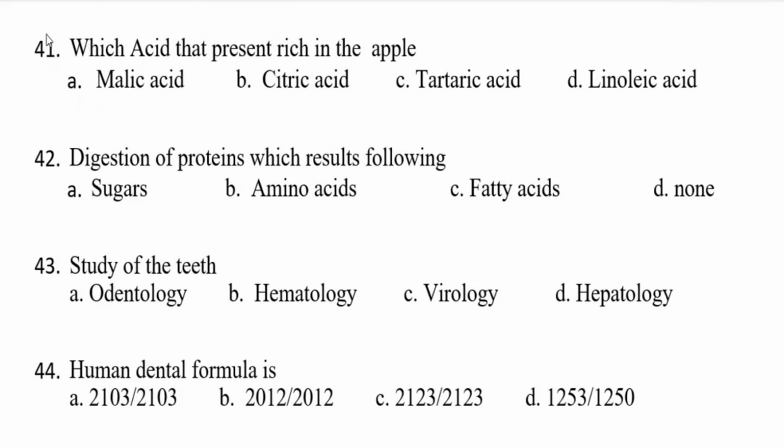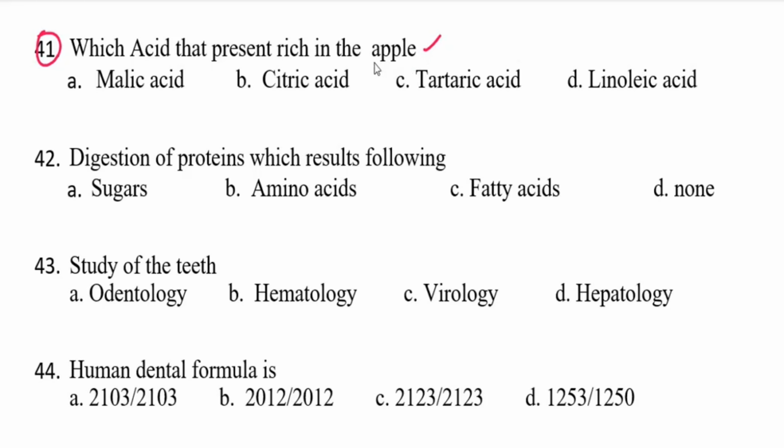The 41st question is, which acid is present richly in the apple? Actually we know very well about the apple. Everyone is aware of the apple, an essential fruit during normal conditions and also during sickness and disease. Everybody eats this apple.